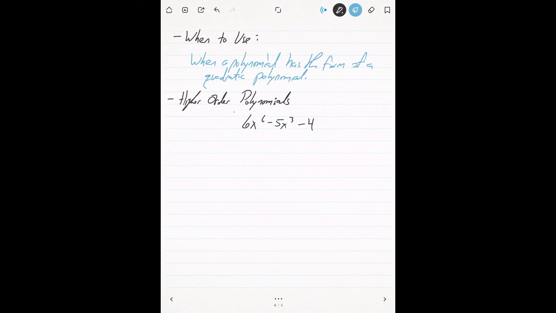You would say, well, it's a quantity that's behaving like a quadratic, so let me simplify it as if it was a quadratic, and then just substitute the values back in.